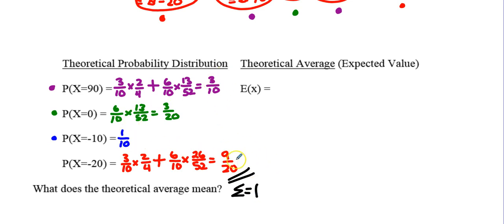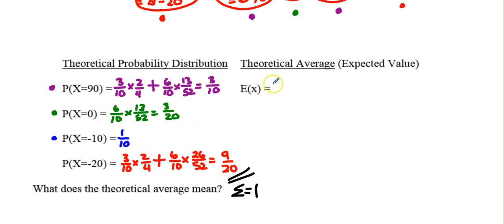But you could use your calculator if you want. Now, if it all adds up to 1, it does not necessarily mean that you are correct, because you might have made a mistake up here and a mistake down here, and they kind of balanced each other out. But if the sum does not equal 1, for sure you've made a mistake.